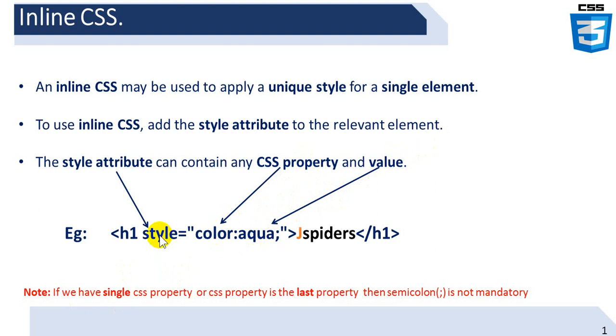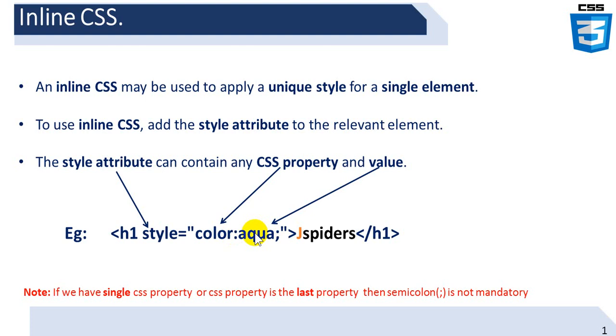So how to add inline CSS? With the help of the style attribute equals, in double quotes, the CSS property name, colon, the value. We have multiple CSS properties and multiple values. In future sessions, we will come to know the different types of properties and the different types of values we have.